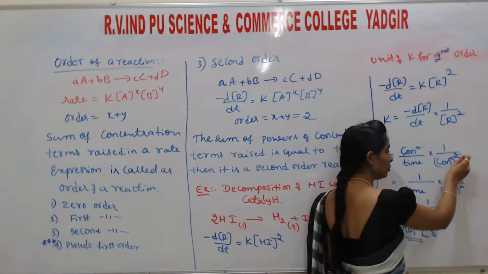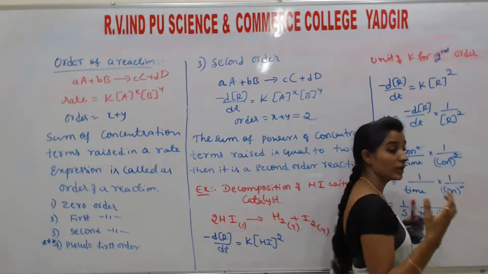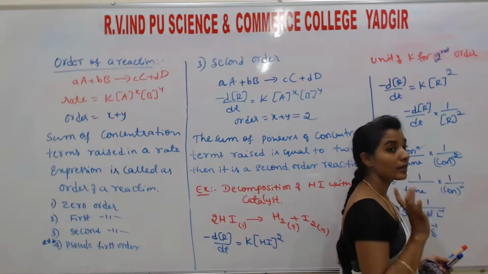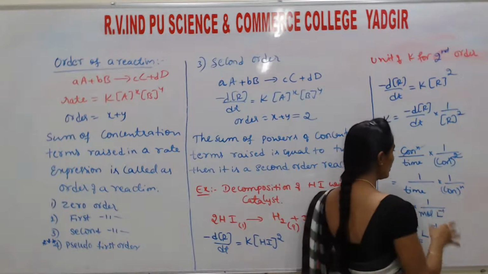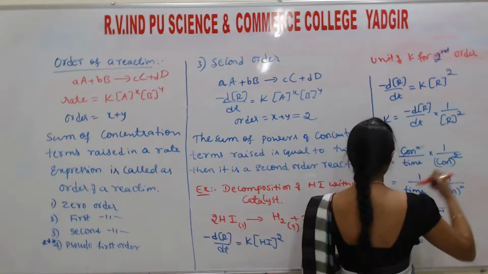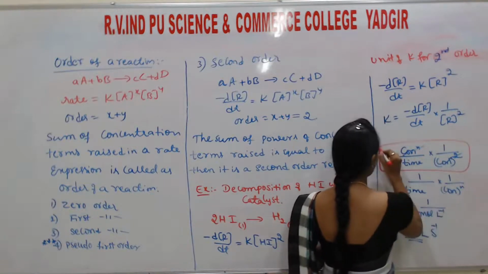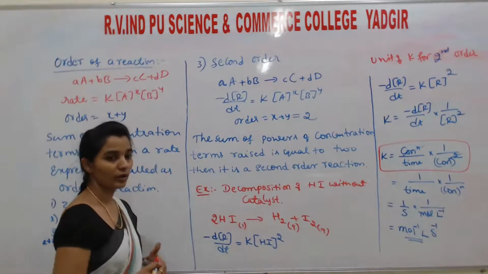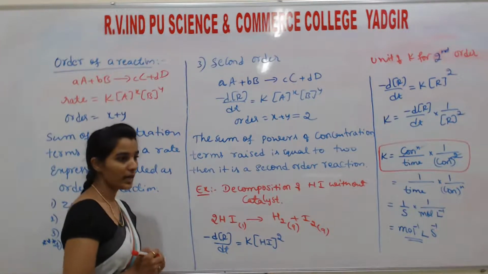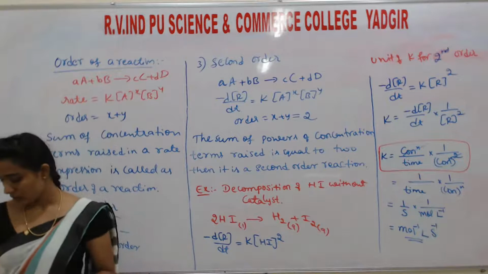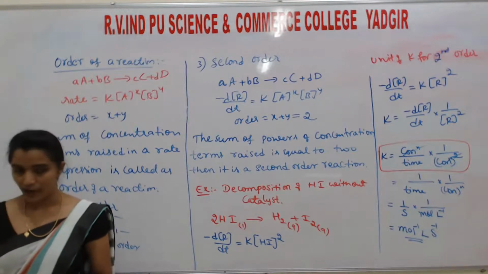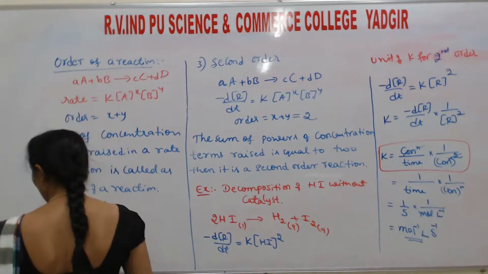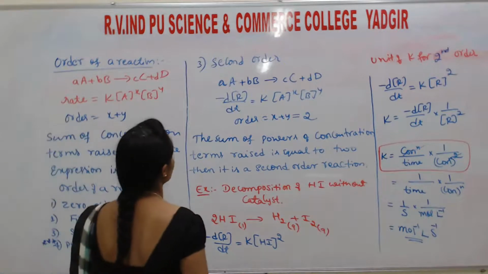If it is second, 2, 3, 4, 5, 6, you can calculate it up to nth order. Okay, so this is the equation. If you know only this much, you can easily calculate the unit for the respective order of a reaction. Understand? So the next one is the pseudo first order reaction, which is very important for 2 marks.